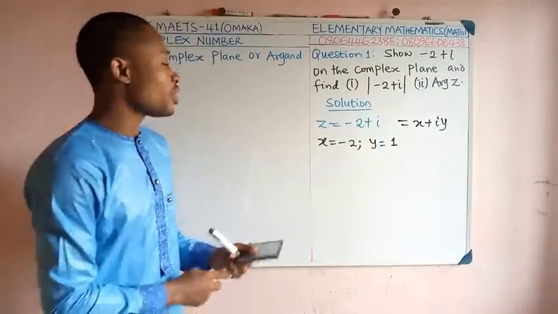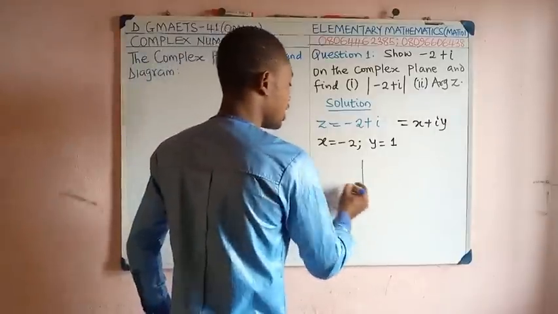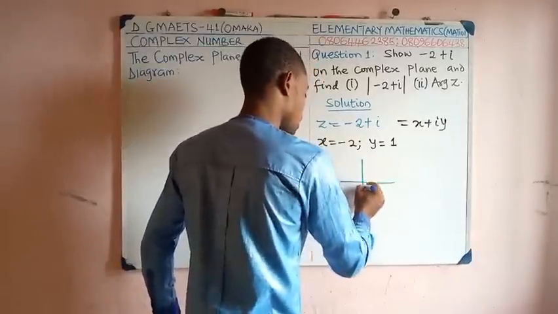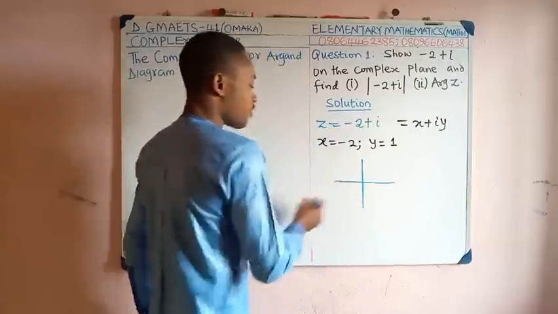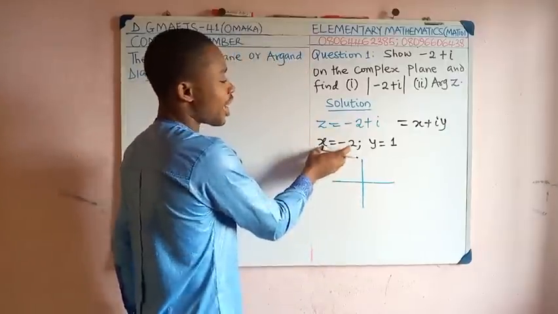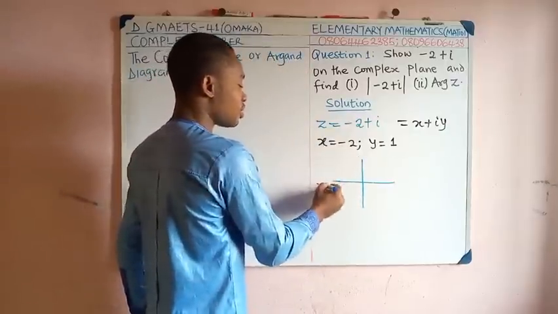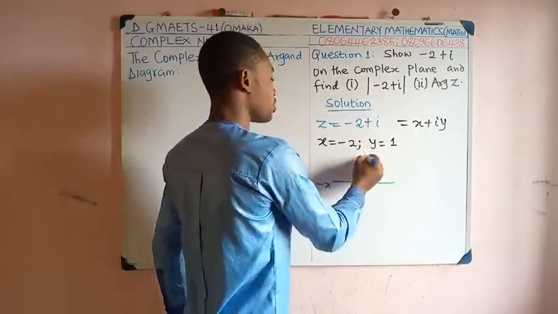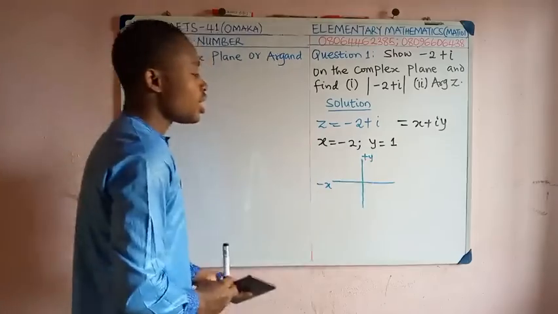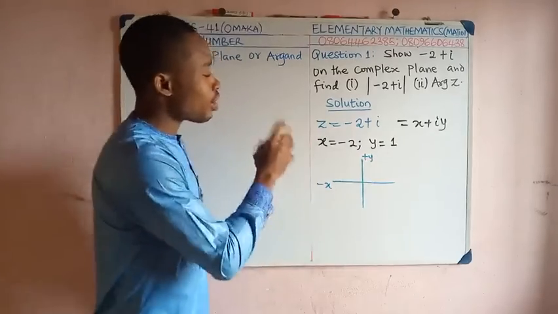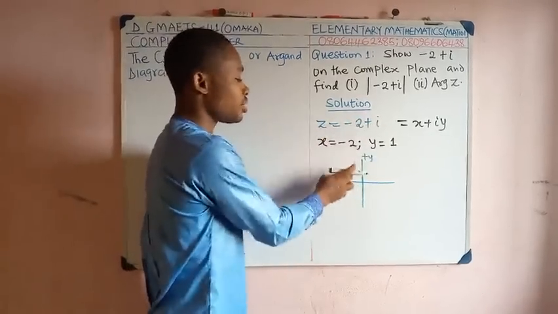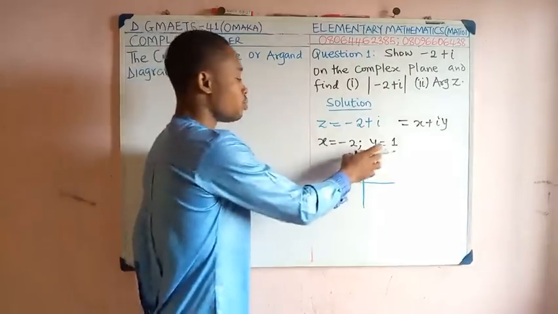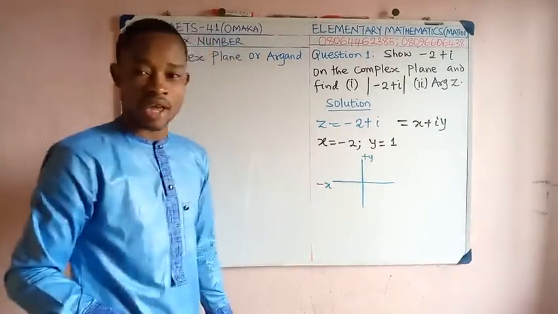Fine. Now we're going to draw the complex plane, the Argand diagram, and then show this. So I've got my axes. We have x to be a negative value, so that's going to be on the negative x-axis, and y is a positive value, so this is positive y. Alright, so you see that the complex number minus 2 plus i is located in the second quadrant between positive y and negative x.